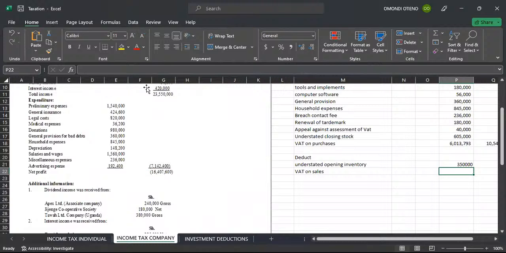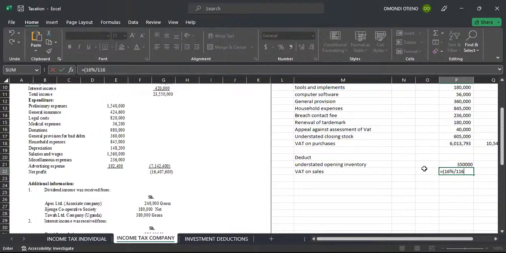So how do we eliminate VAT from this 116? We simply take our 16%, we divide by the total value given, which represents 116%, we multiply by 64 million.